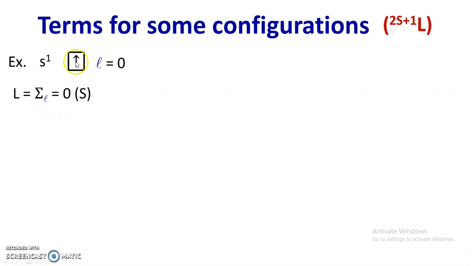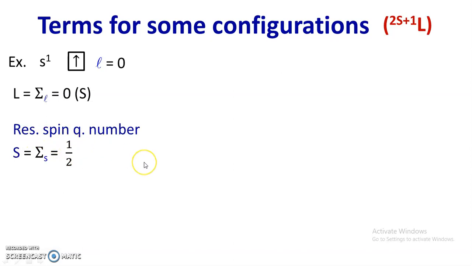As there is only one L value, that is 0, so summation of L, of course it will be 0, and if capital L, that is resultant orbital angular quantum number, if it is 0, then the name of this state or state symbol is S, capital S.